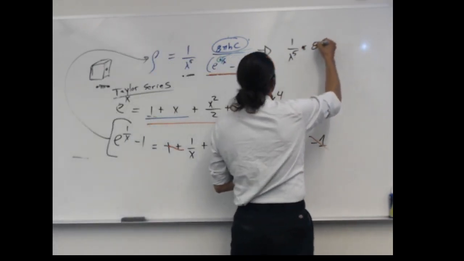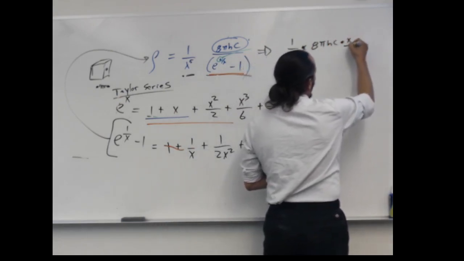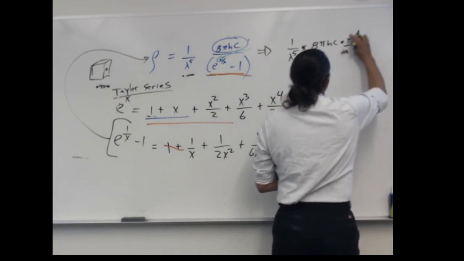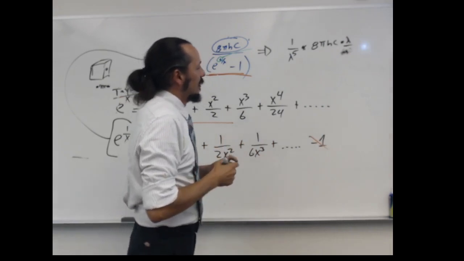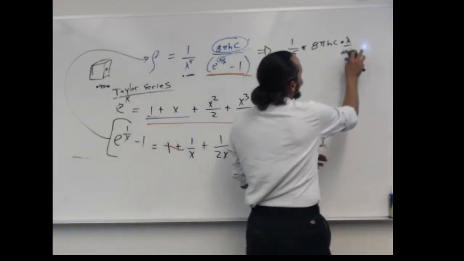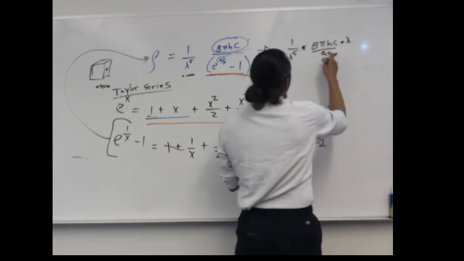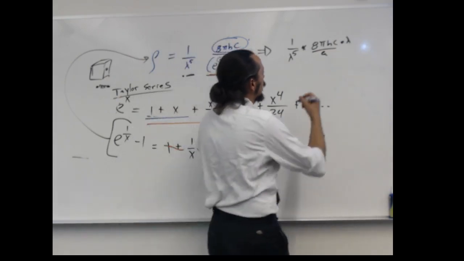This is just going to be 8 pi hc x over a. Oh, sorry, go back to calling it lambda for this case, since we're doing this in terms of lambda. So if I rearrange this a little bit, this whole thing up front is just a single value.